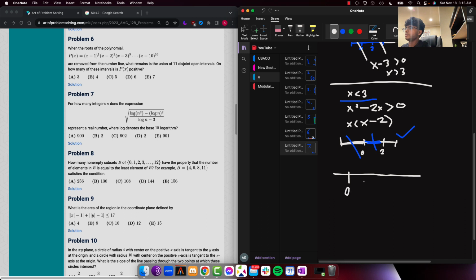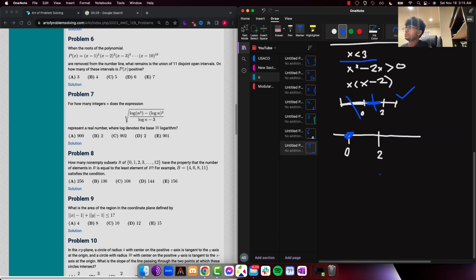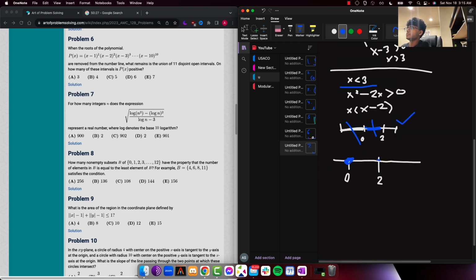Zero, 2, there's a closed dot. I'll do this in blue. There's a closed dot at 0. Then at 2, we can do 2 with the first one. So there's a closed dot there as well. And we can go all the way up to 3, except at 3 there's an open dot, so we open this dot.